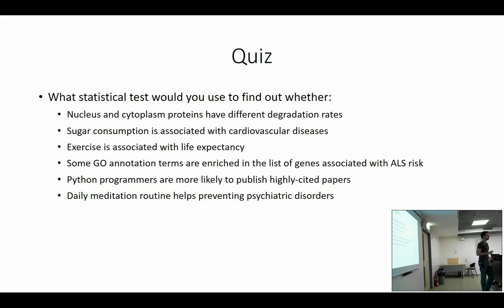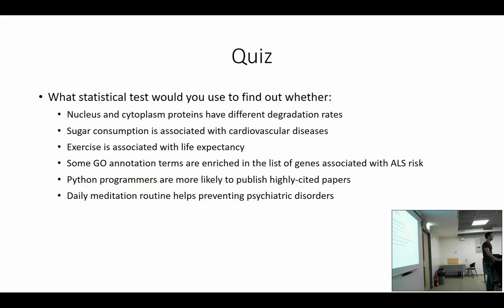Okay, but what would you change on each permutation? Let's say for simplicity you try different genes, and you want to compare genes that are associated with ALS to a random list of genes. Okay. So how would you get the list of Go annotations which are enriched?